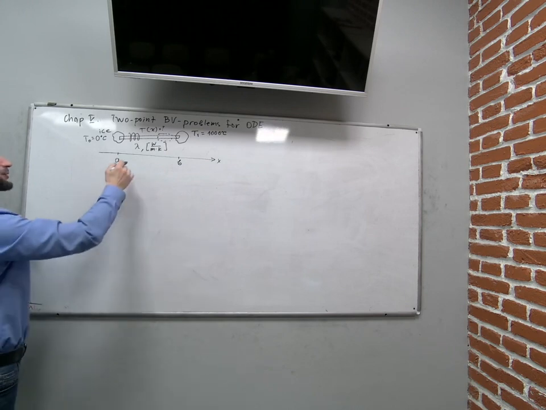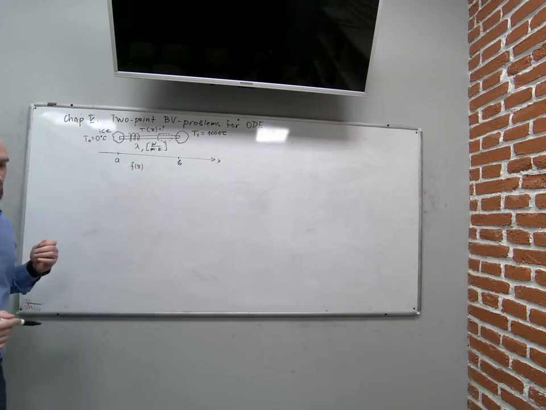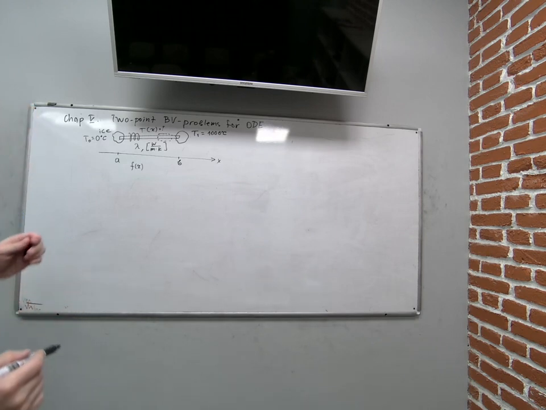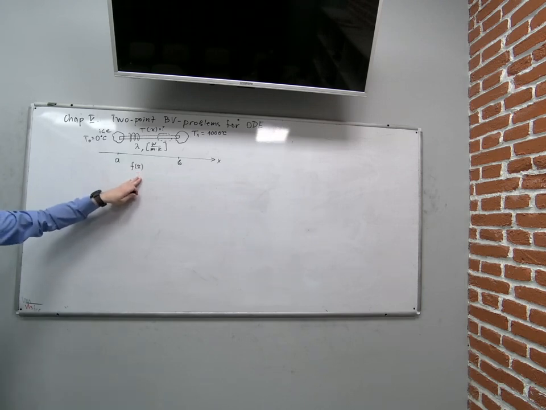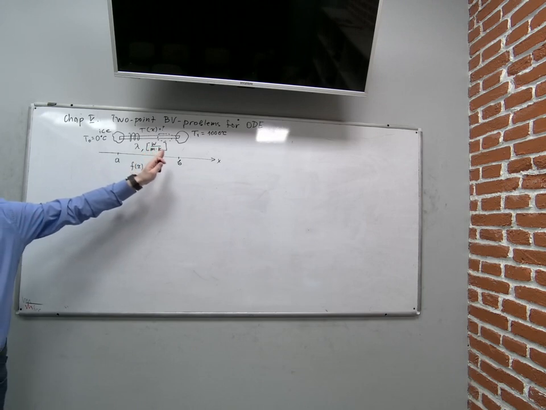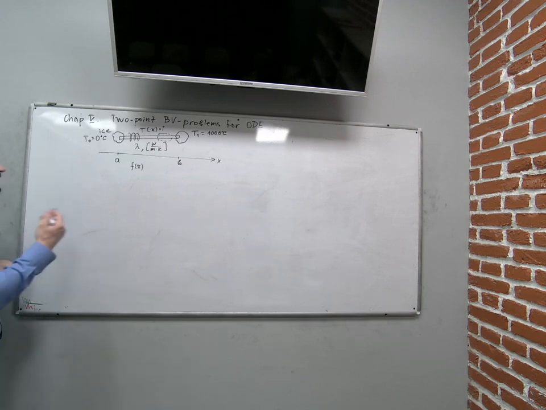And to make the problem more general, we introduce a function f of x, which is a specific power of heat sources or sinks along the length of the rod. So for every value of the coordinate, this function may take some specific value, either positive or negative, depending on whether we want to heat up or cool down the object.